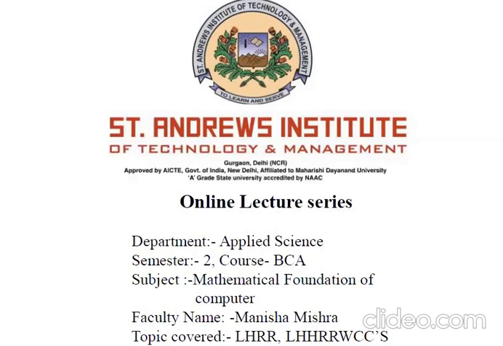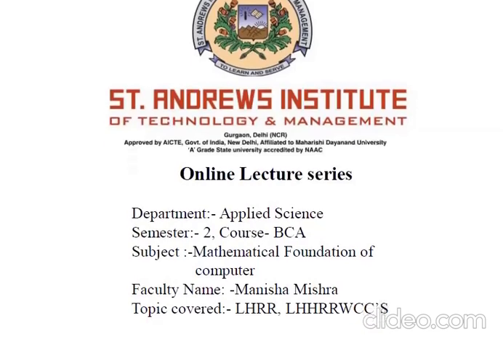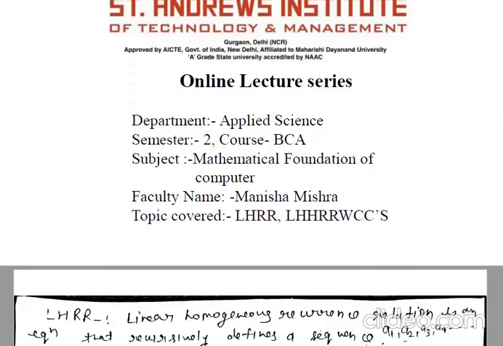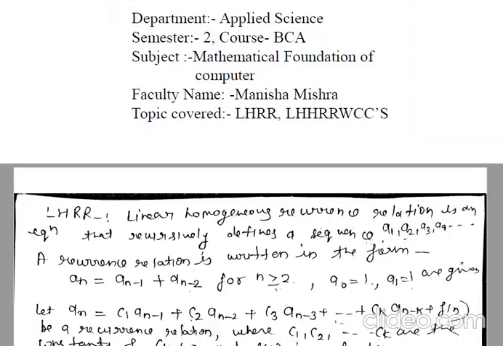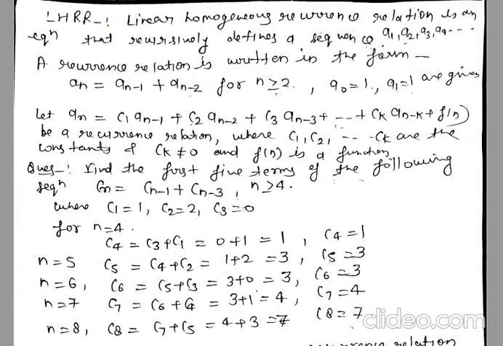First one, recurrence relation. In the Fibonacci series, I told you about recurrence relation. What is the recurrence relation? First one, linear homogeneous recurrence relation. A linear homogeneous recurrence relation is an equation that recursively defines a sequence A1, A2, A3, A4, and so on.